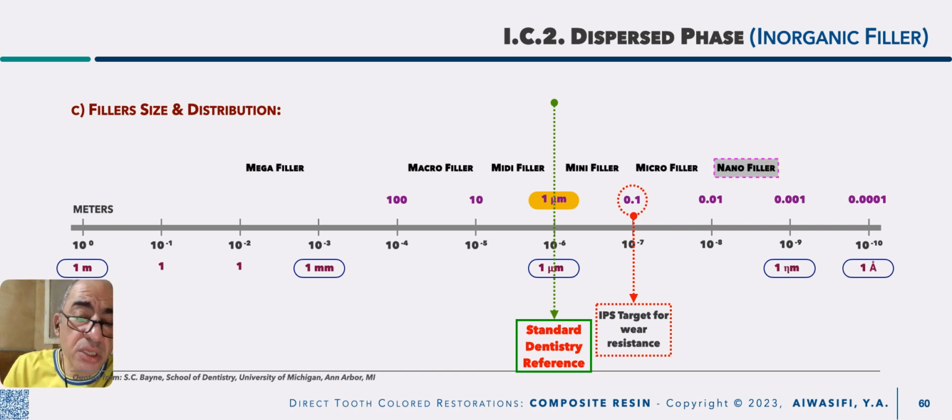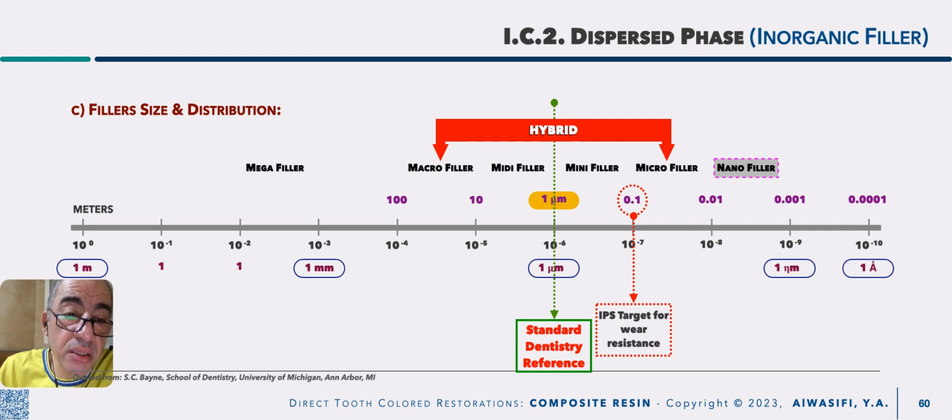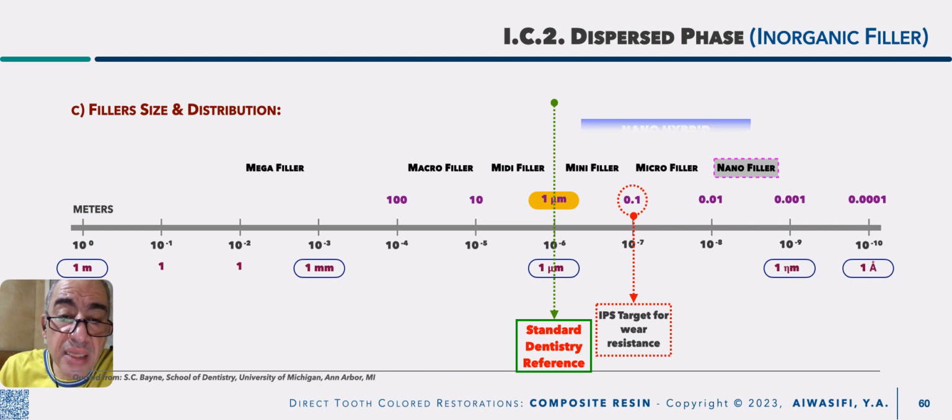Those are the different sizes of our fillers: megafill, macro, midi, mini, micro, and nano filler. When you blend macro with micro, this is the first hybrid. Then comes midi with micro, midi hybrid. Mini with micro is mini hybrid, and mini with nano is the nano hybrid, which is located in this region.